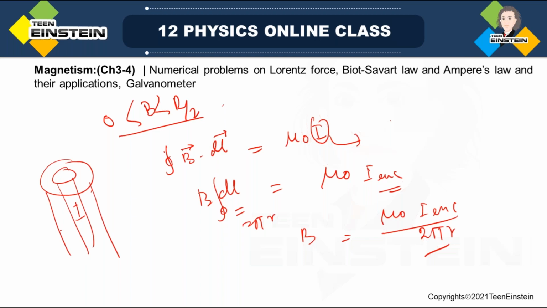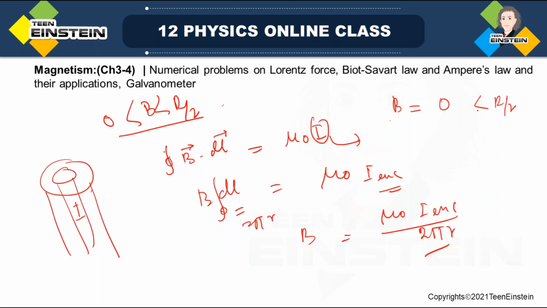So the magnetic field below r by 2 is zero.